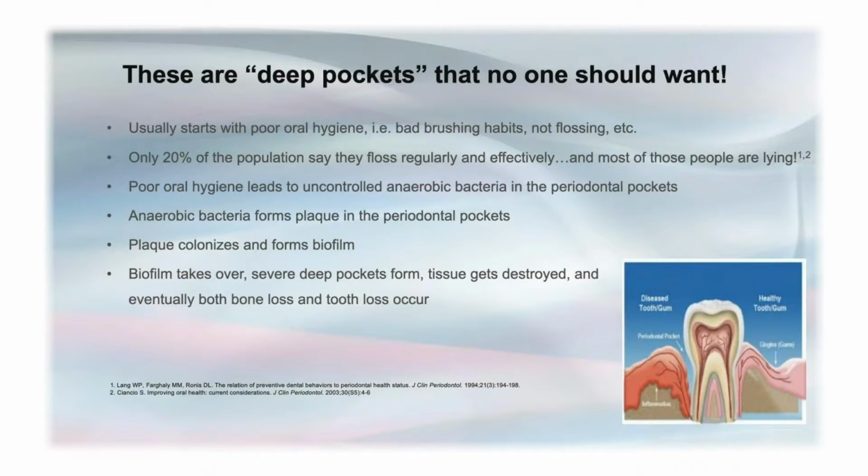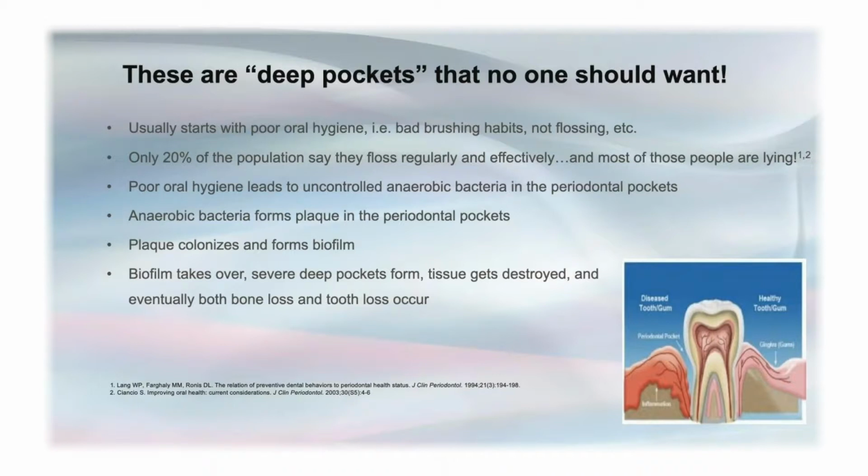We hand them a mirror and they still don't know what to do because they're not really taught how to do this. So we do oral hygiene instructions and we talk to them about poor oral hygiene and what it leads to and how it can have uncontrolled bacteria growth in your mouth, which leads to periodontal pockets. So anaerobic bacteria forms plaque in the pockets, and then plaque colonizes and forms biofilm. The biofilm takes over, and then severe deep pockets form.